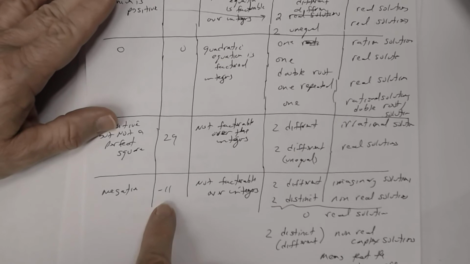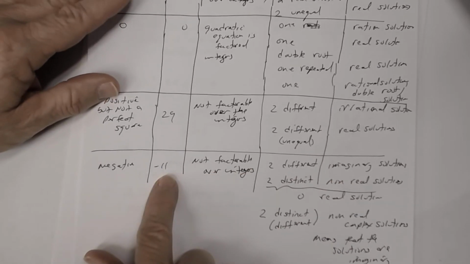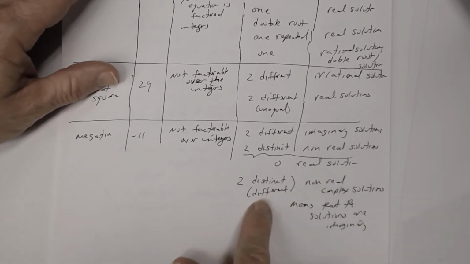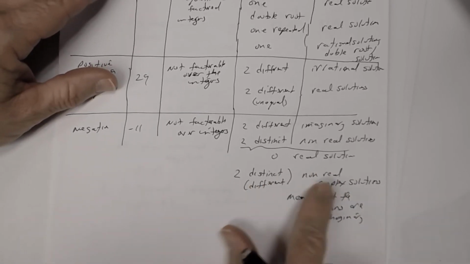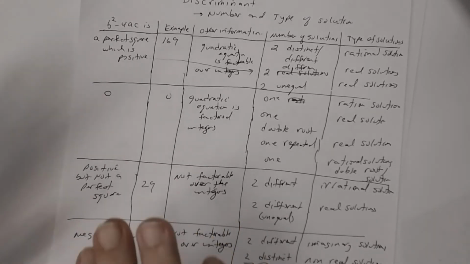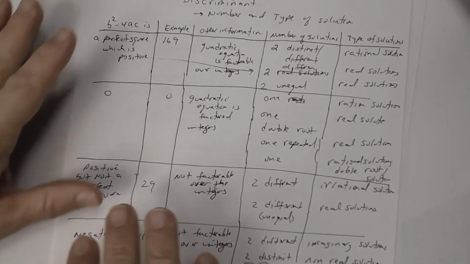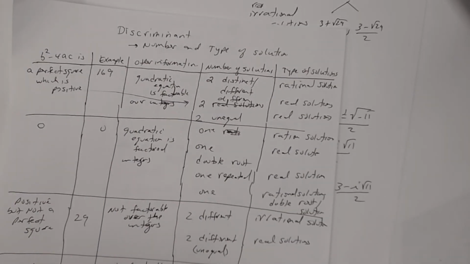All right, and then just know these phrases: you may see the phrase that if the discriminant is negative, you're going to end up with two distinct or two different non-real complex solutions. And all that means is that they're imaginary. That's all that means. Okay? All right, so let's just quickly do a couple examples where you don't actually solve the equation, you just look at the discriminant. All right, so let's look at this idea.